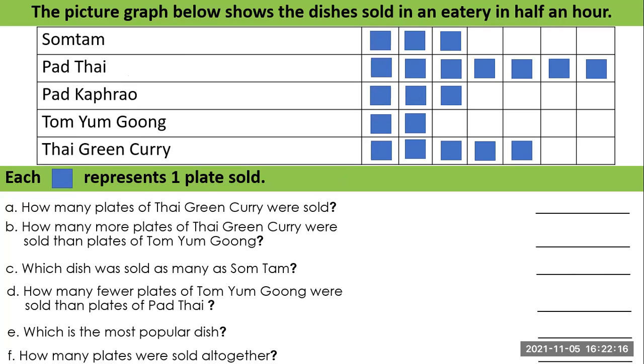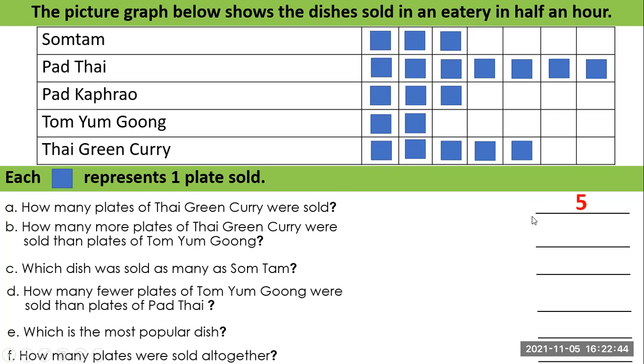How many plates of Thai green curry were sold? Let us count here. 1, 2, 3, 4, 5. So right here, 5. Letter B. How many more plates of Thai green curry were sold than plates of Tom Yum Goong? In Thai green curry, there are 5 plates. Tom Yum Goong, only 2.